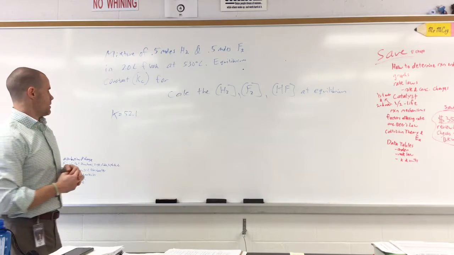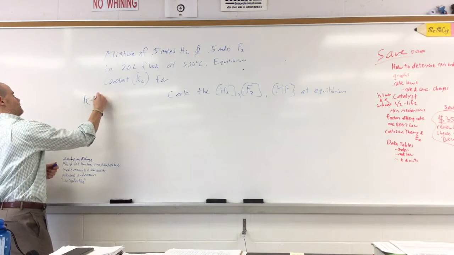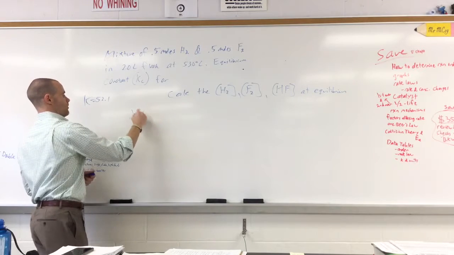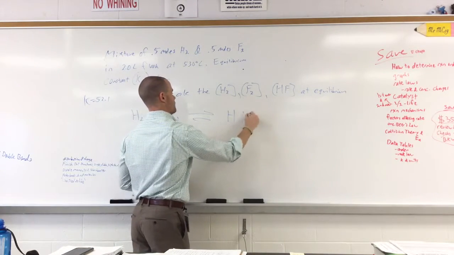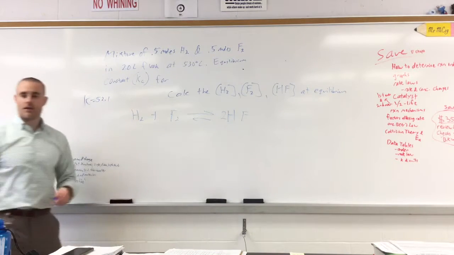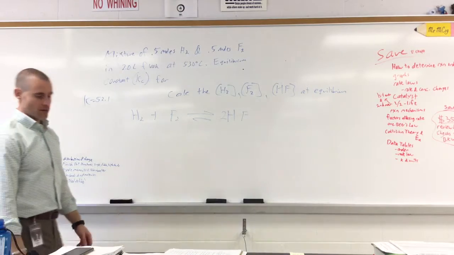All right, so K is 52.1. I'm going to rewrite that reaction here. You need space underneath your reaction, like 3 or 4 lines. So if you need to rewrite the reaction, go ahead. H2 plus F2 yields 2HF.